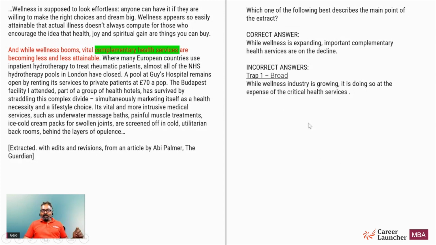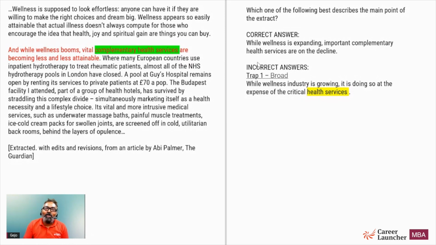What have we done? We create a context which is broader than what is under discussion. And I'm sure that many test takers will fall for this trap because they miss the point. They just read it. There are a lot of people who read very fast. They'll miss the point and go mark this.